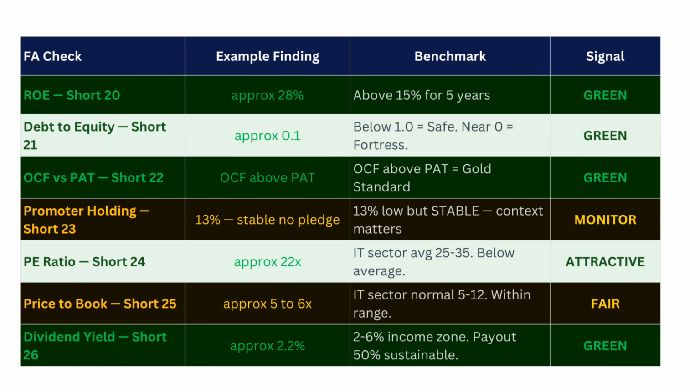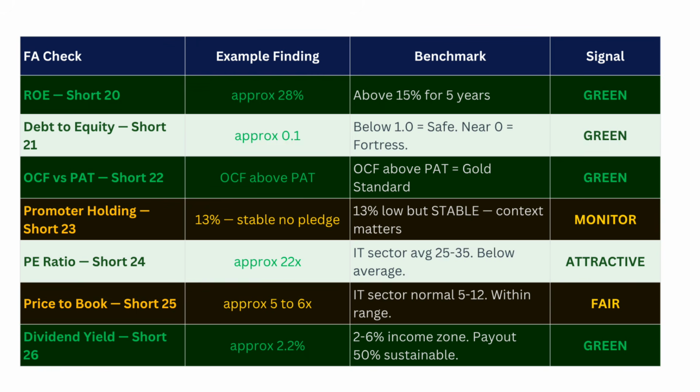Benchmark below 1.0 is safe, near 0 is fortress. The signal is green. Then OCF versus PAT from short 22: example finding OCF above PAT. Benchmark OCF above PAT equals gold standard. The signal is green.